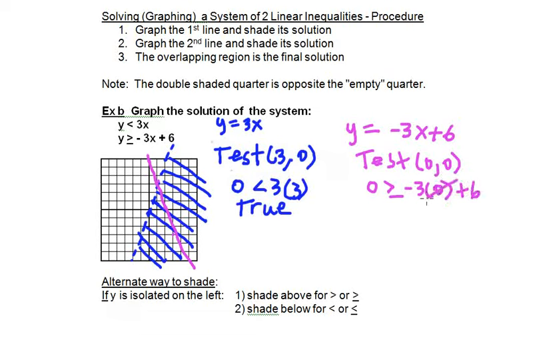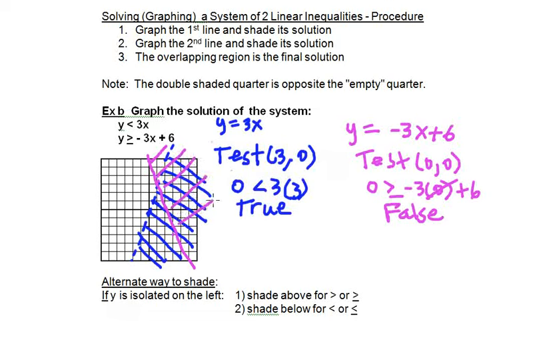You can see this term drops out, but 0 is not greater than or equal to 6, and so this point is false in relation to the pink line. So on this side where the origin is on the left, that's the false side, and I will not shade it, but I will shade on the opposite side, which is the true side.